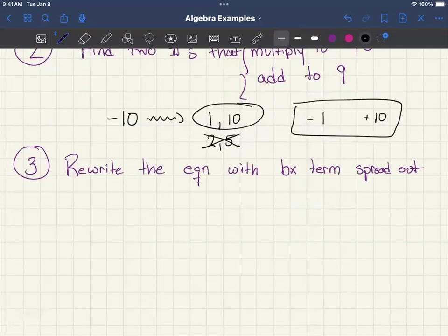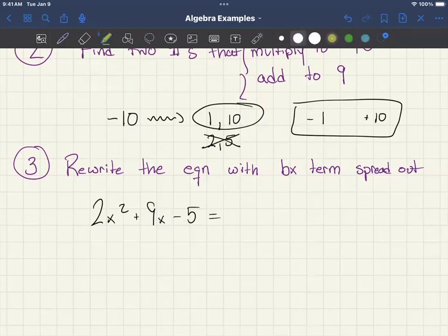So instead of writing our old way, the equation that we started with was 2x squared plus 9x minus 5. And instead of that 9x in the middle, we're going to take this 9x and replace it with minus x plus 10x.